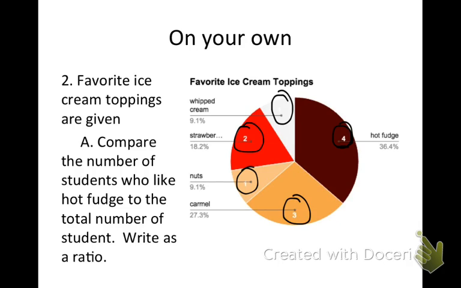How many people like those? So you don't need to look at the percentages, but the total number of students. So you want to compare hot fudge to the total number of students. Okay? So try that. Make sure you include the hot fudge students because they are part of the total. When you're ready to move on, enter that answer into the text box and move on.